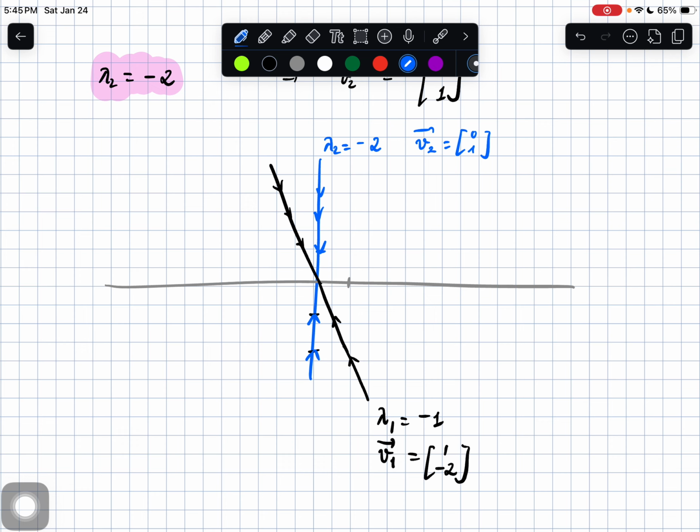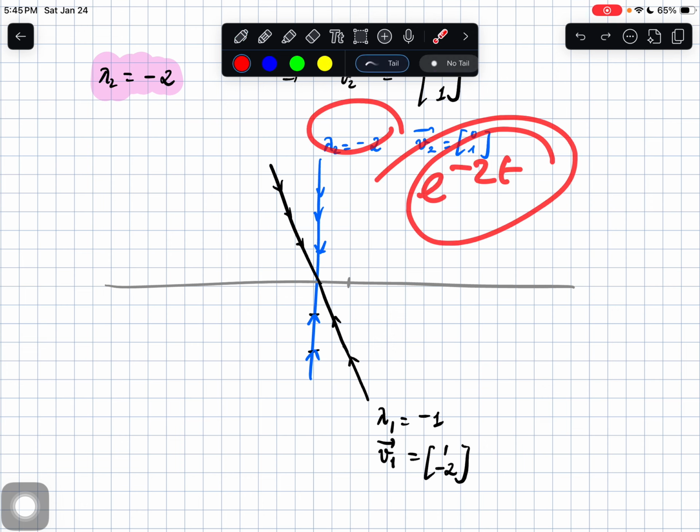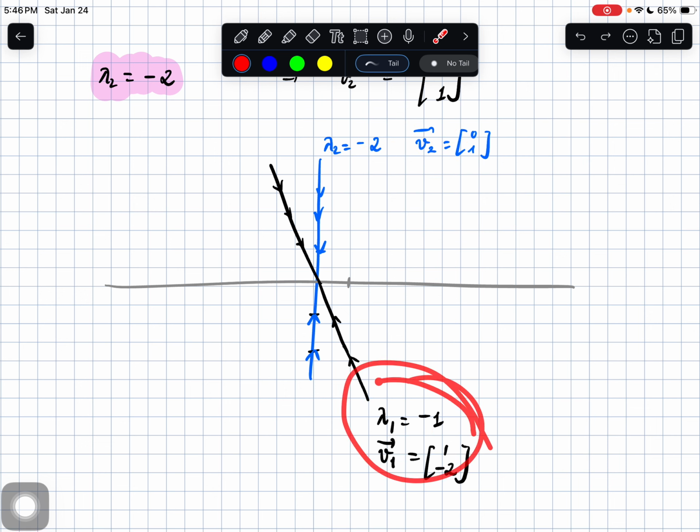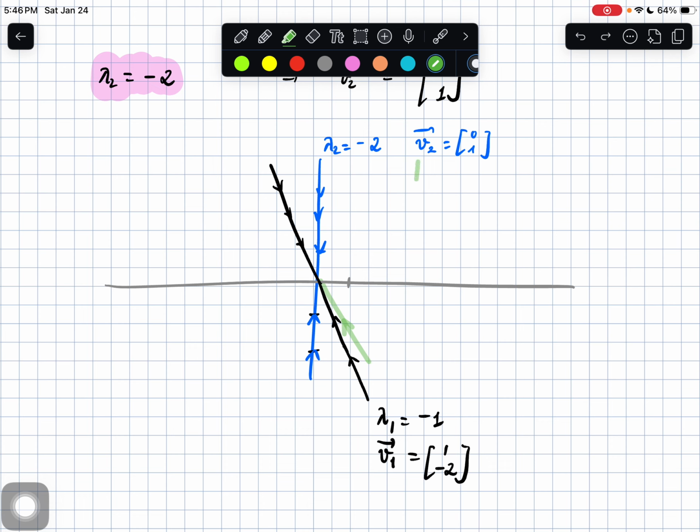If t tends to positive infinity, then this exponential e to the minus 2t will decay so fast compared with e to the minus t. So we will follow the black one here when this is big. When this is big, we follow that. And when this is negative infinity, we follow the blue one. So I just sketch the picture, it would look like this.